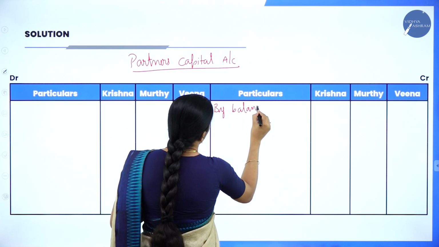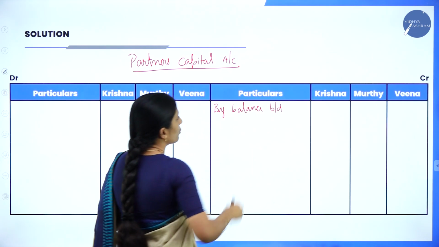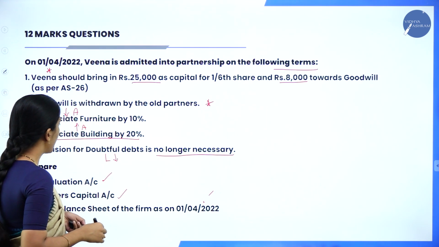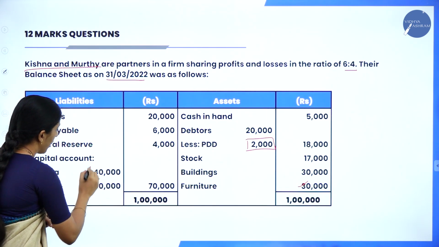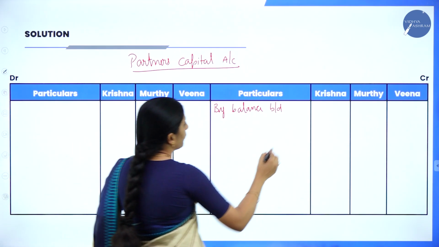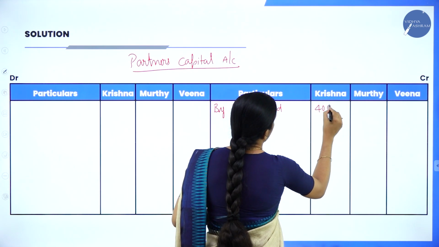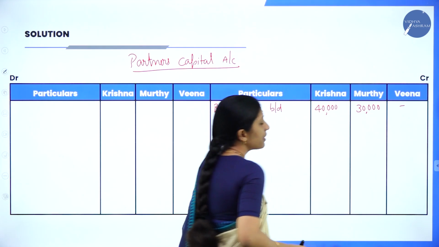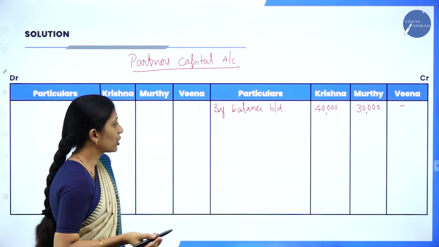So by balance brought down. So, I have to transfer the capital of the partner. So, where do we get this capital? See your balance sheet, liability side. So, we have 40,000 and 30,000. So, transfer the capital. 40,000 and 30,000. Second step will transfer the revaluation account balance.